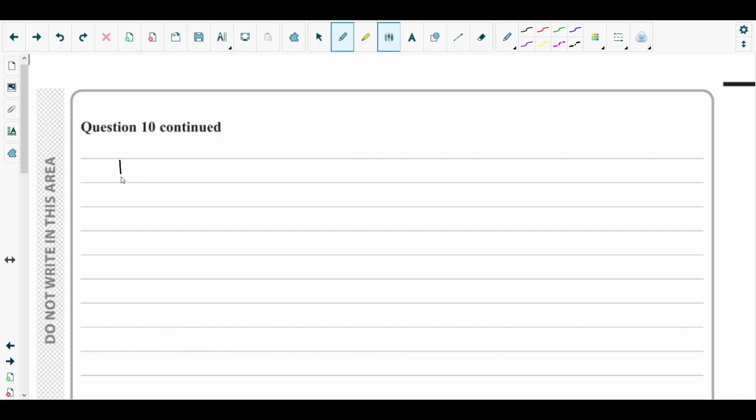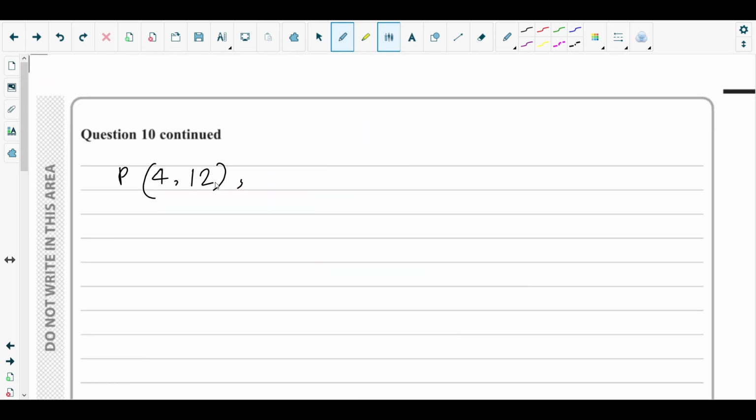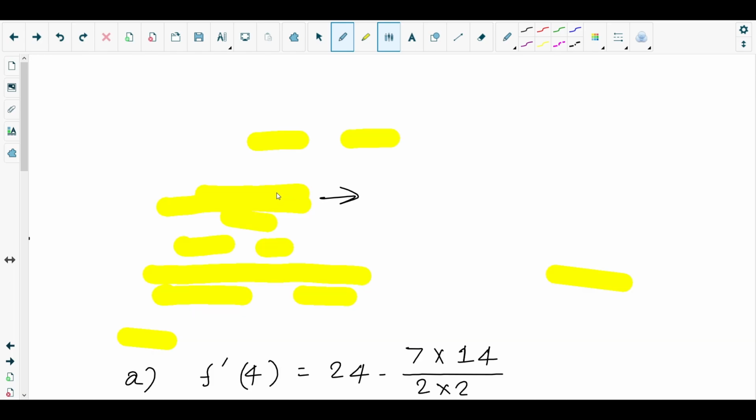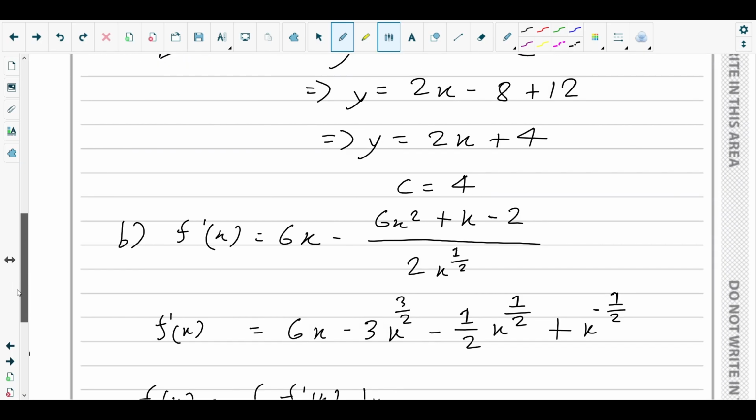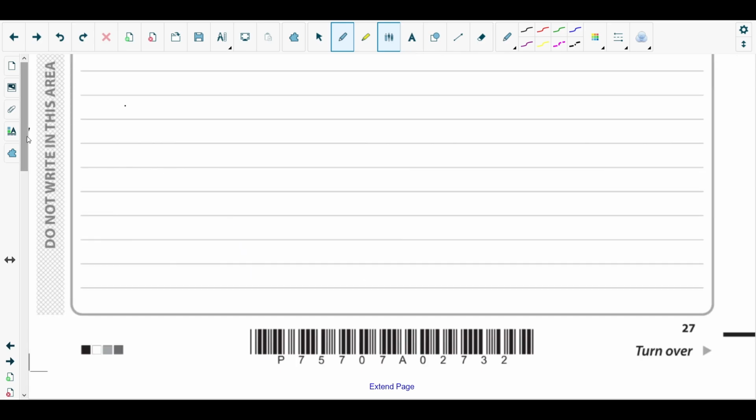Fine. So P is 4, 12. Before we use it, is it 4, 12? Perfect. If you put it in the equation of f of x, you need to put 4. So 4 squared is 16, and 16 times 3 is 48, right?